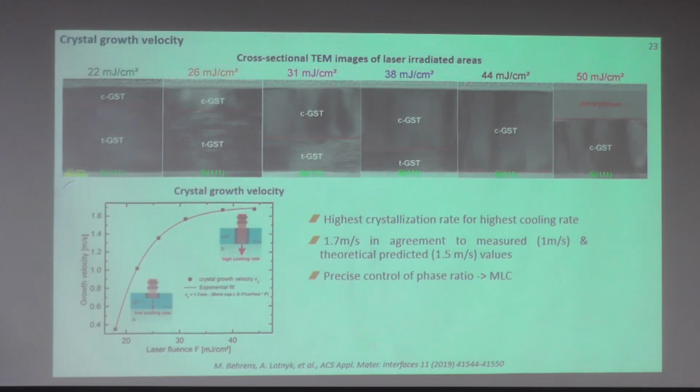Even some people can run 100 meters faster than GST is growing. This is for a nucleation dominated material. For a growth dominated material, this value can be a little bit larger, in the range of 5-6 meter per second.